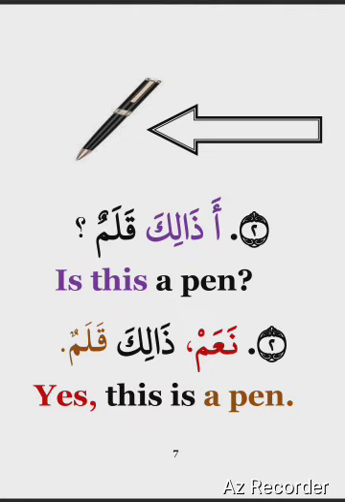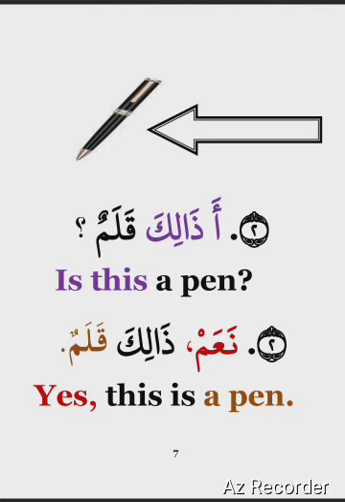How do you say is this a book in Arabic? You start with A, as in apple. أهذا كتاب؟ Is this a book? نعم, yes. هذا كتاب. This is a book.